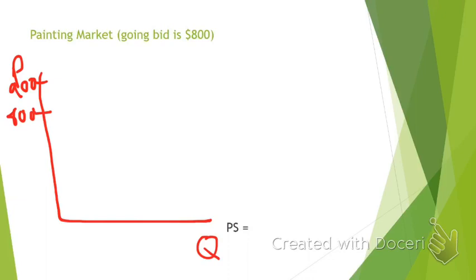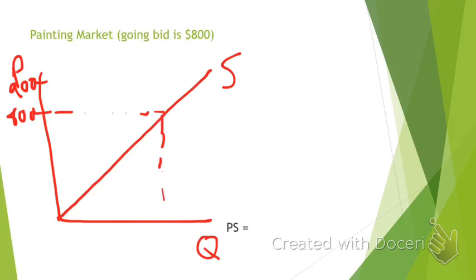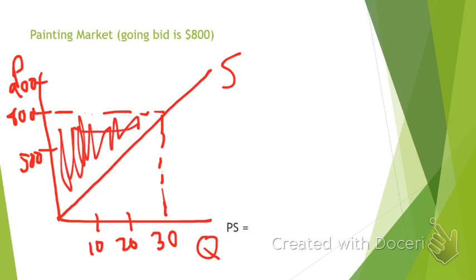And so here's our supply curve, and at 800, okay, we have a quantity supplied of 30. Okay, so you have these other values. You might have 500 as a price, and so on, 10, 20, 30, all that stuff.